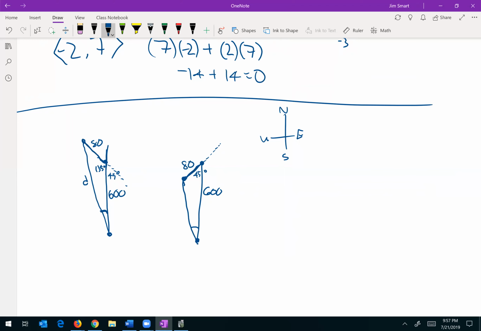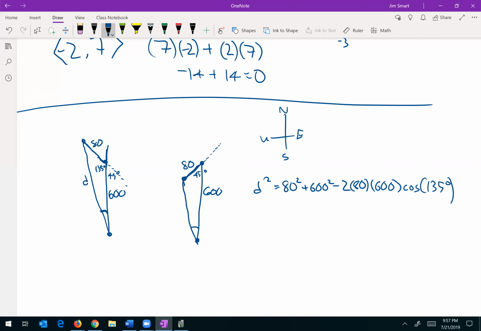So you would start off by doing d squared equals 80 squared plus 600 squared minus 2 times 80 times 600 times the cosine of 135. The only difference for the triangle on the right is that instead of 135 degrees, it would be 45 degrees.